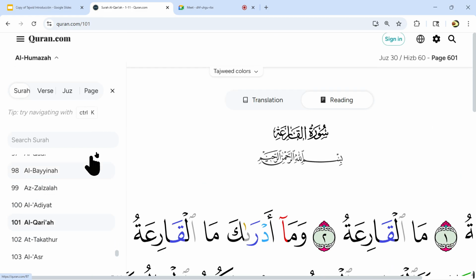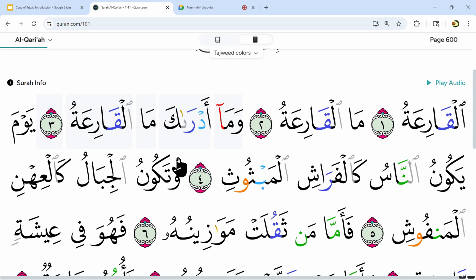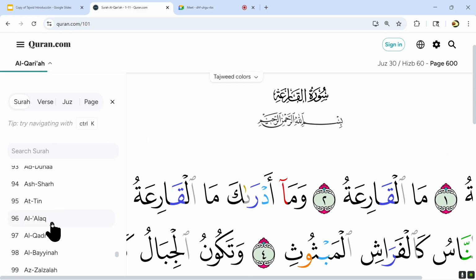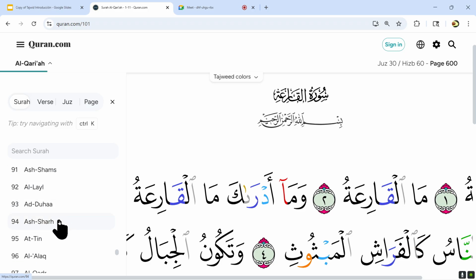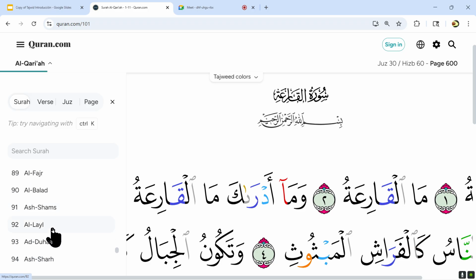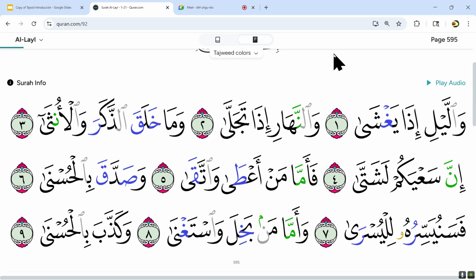And let's see. Let's find an Iqlaab because we haven't gone over Iqlaab. We have one in, not Shams, but Layl. We have it right here. Let's try this one first. فَأَمَّا مَنْ أَعْطَى وَاتَّقَى. The noon was clear.